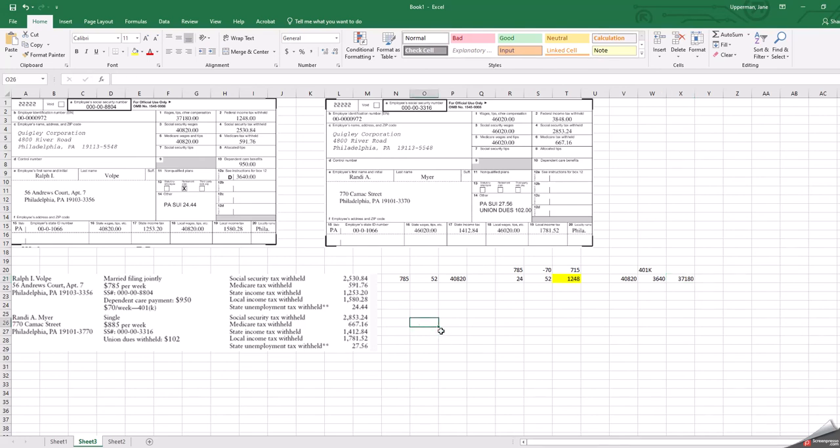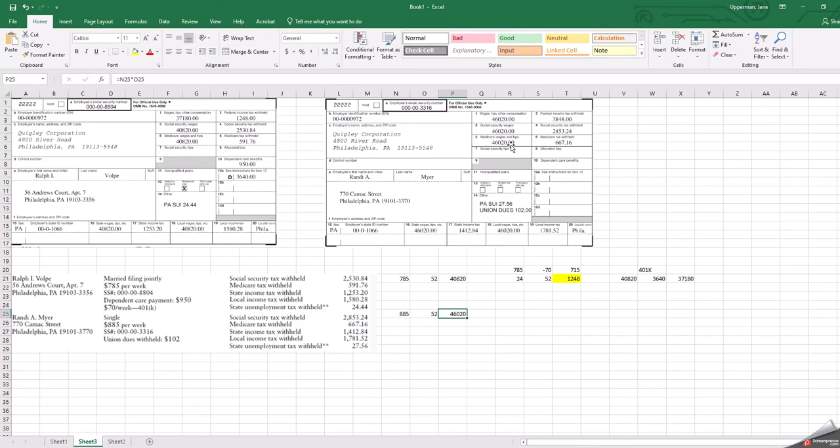Okay, then if we come down to Randy, he doesn't have any 401k contributions or retirement contributions. So he's just going to make $885 per week for 52 weeks. So his gross pay is going to be $46,020 for all of those categories. So no difference: state, local, federal, Social Security, and Medicare are all at that level.